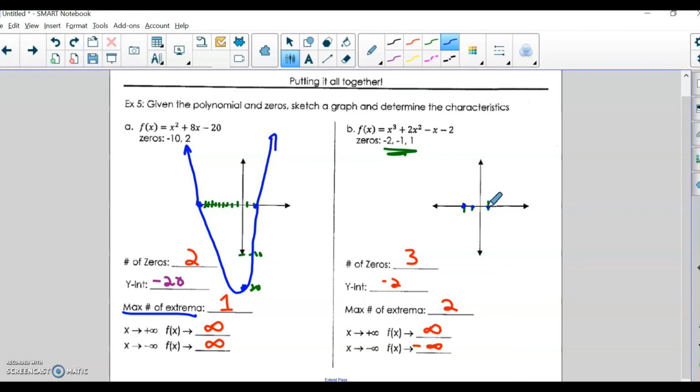Based on the end behavior, the right-hand side goes up and the left-hand side goes down. It crosses the y-axis at -2, and so it must turn twice in the middle of all this. So there's one turn, there are 2 turns, and there's the graph.